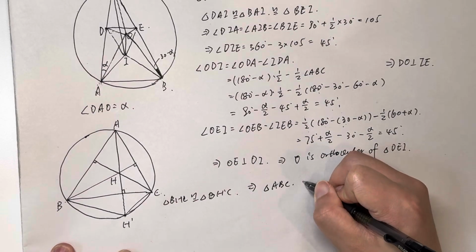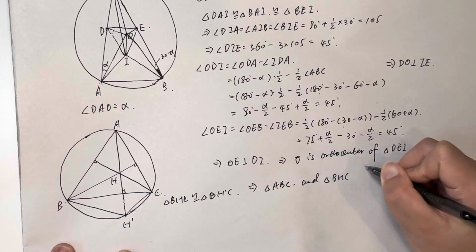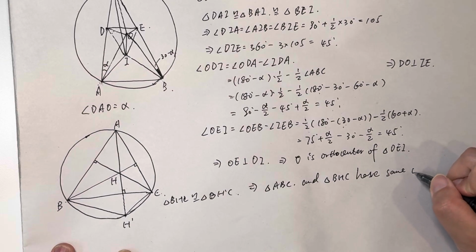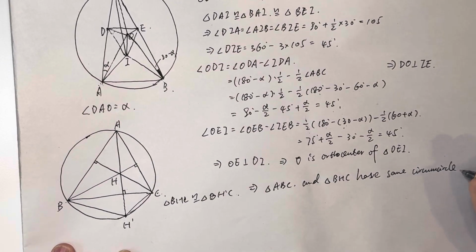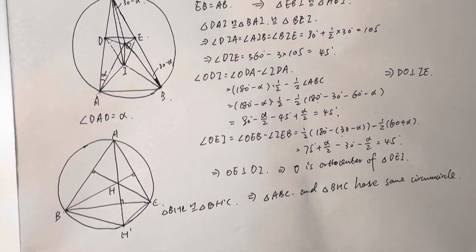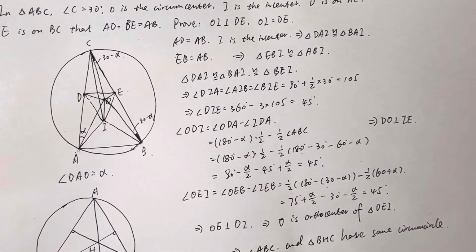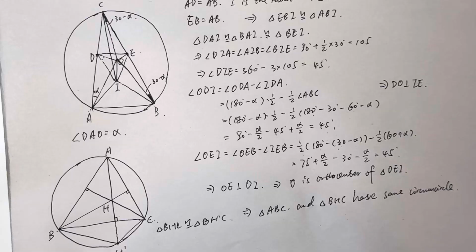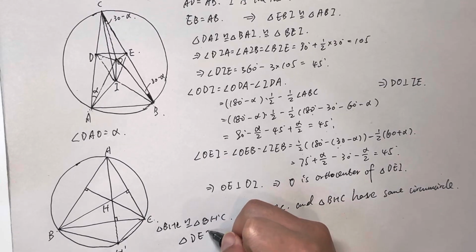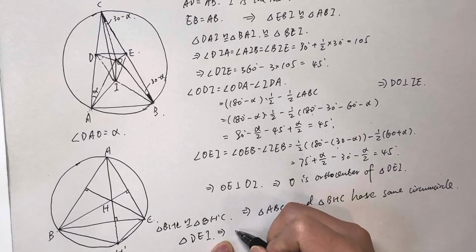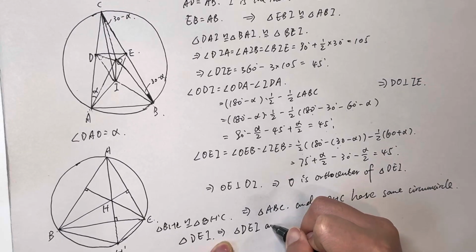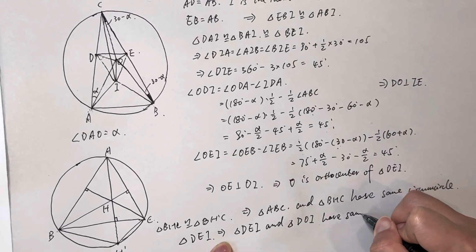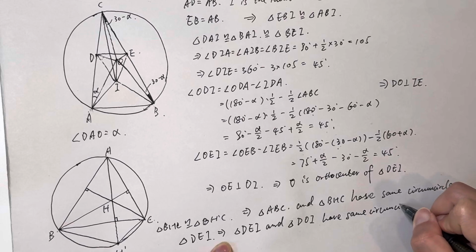Triangle ABC and triangle BHC have the same circumcircle, which means that for triangle DEI, we know that triangle DEI and triangle DOI have the same circumcircle, right?